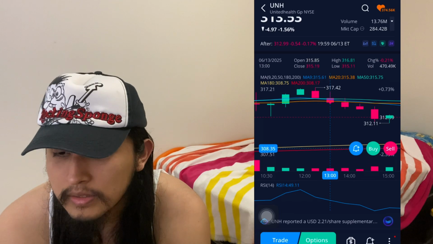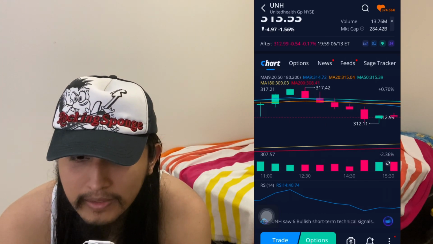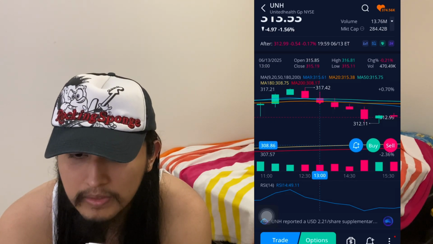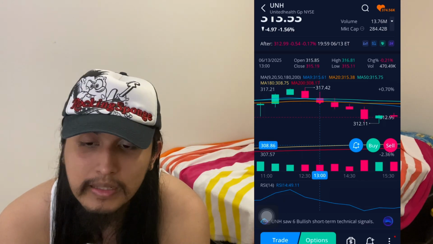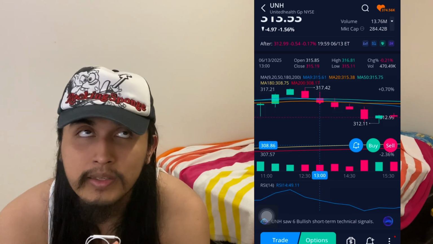I think that's as close as I can get, but you can see that this 13th candle is when the 9-day moving average crossed below the 50-day moving average. And typically when that happens, that usually indicates that the trend changes from bullish to bearish.